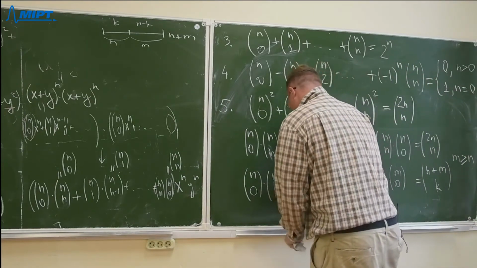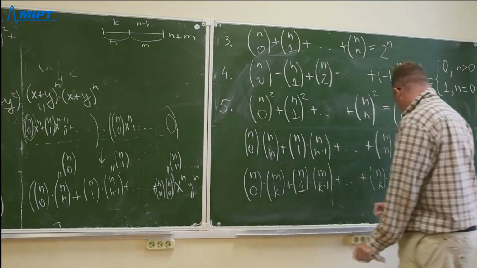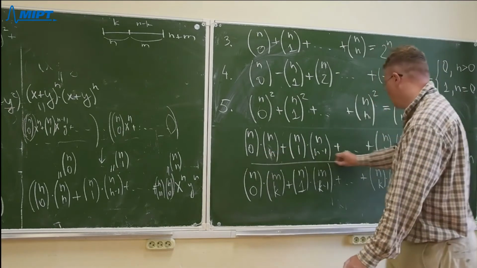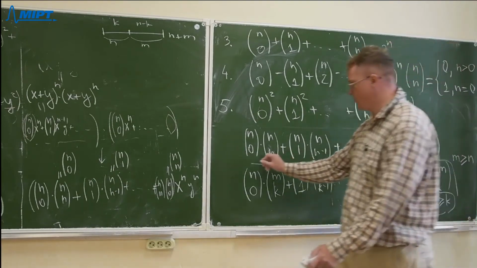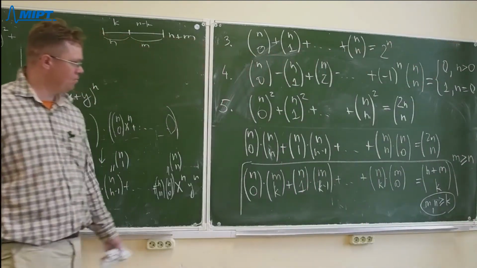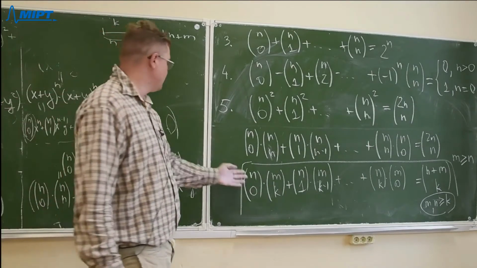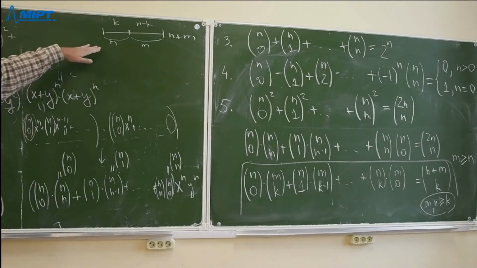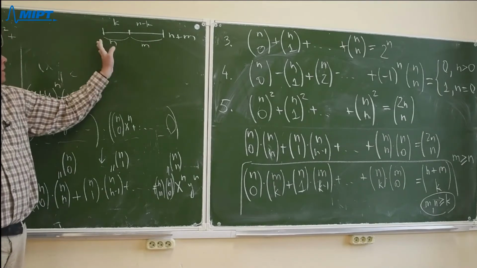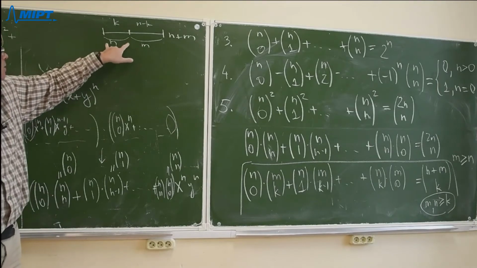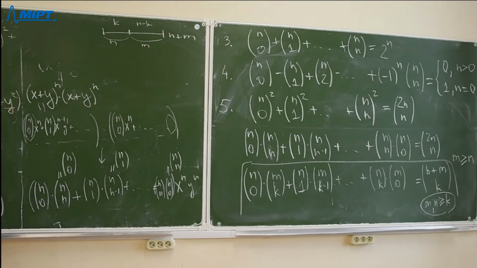I just need m and n to be greater than k. So I can generalize the fifth identity to this arbitrary identity. It says the idea that I can just divide my set into two pieces and just try to calculate how many combinations I can get from these two subsets in the whole.